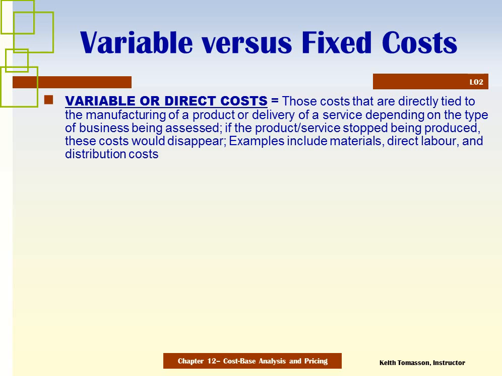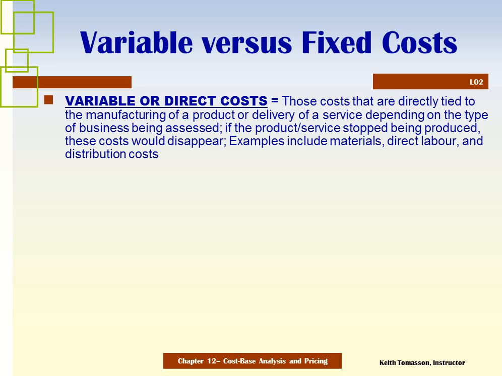So some examples of variable cost would include the materials that go into, the inputs into our production process. They would include direct labor. So direct labor are the costs of our manufacturing employees, our factory employees, that those costs directly go into the cost of producing that good or service.